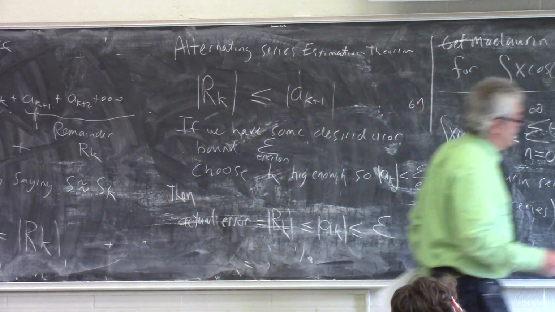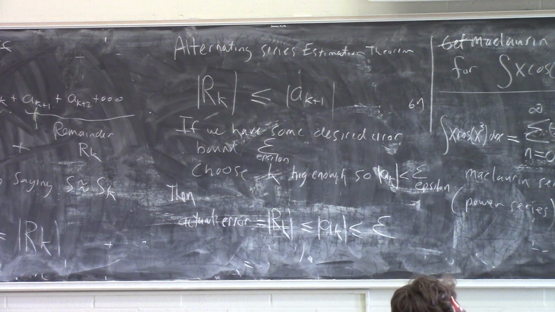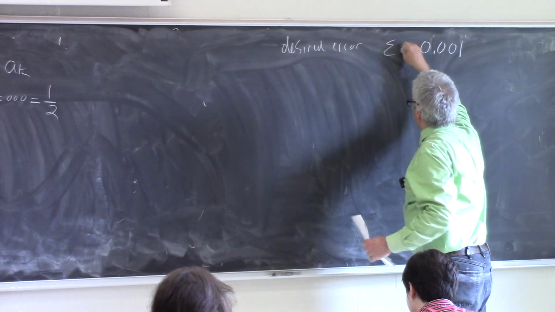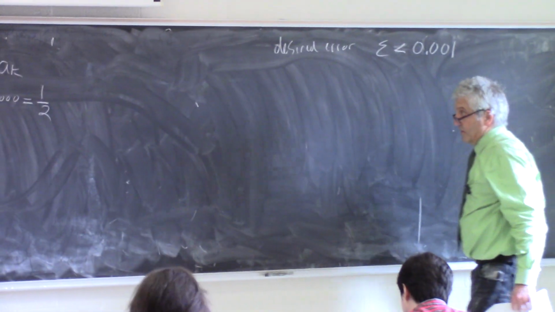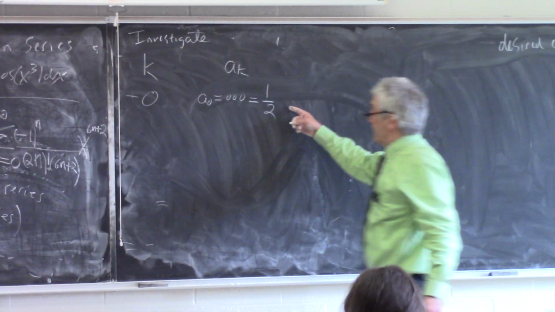And remember, I erased the problem. Remember what our desired error bound was? So our actual error has to be less than that. Okay, well, 1/2 is too big.